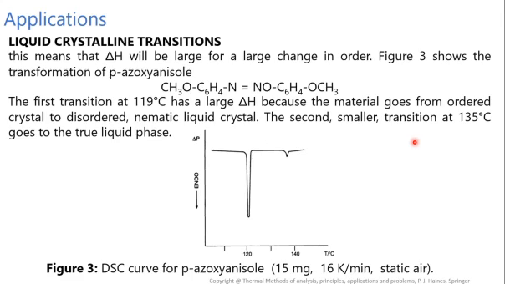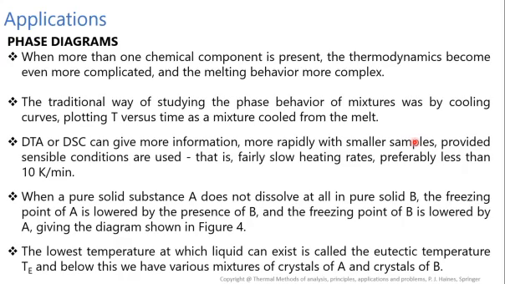The second transition is much smaller, at 135 degrees Celsius, and goes to the true liquid phase. This is the DSC curve for para-azoxyanisole, where we get two different peaks with a difference in the change in enthalpy of the system.